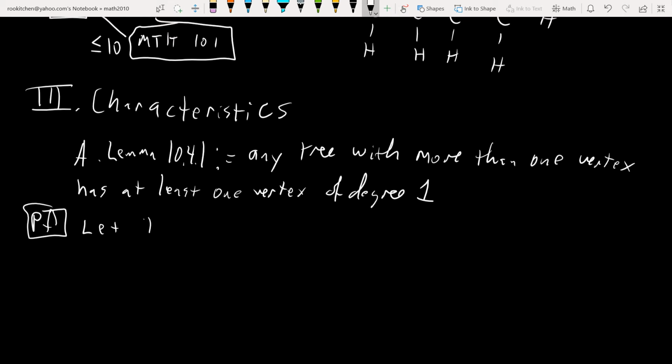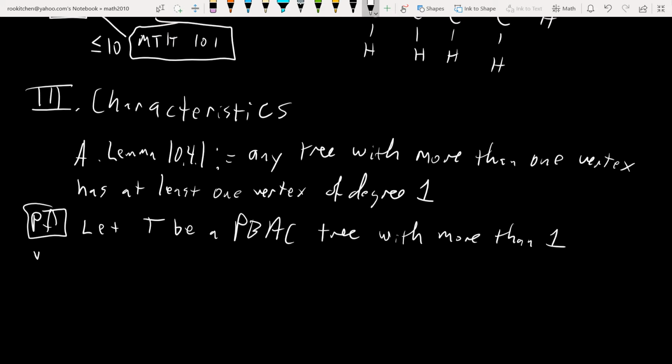We'll just let T be a tree. So let T be a particularly but arbitrarily chosen tree that's non-trivial, so with more than one vertex. And then we're going to build this algorithm.